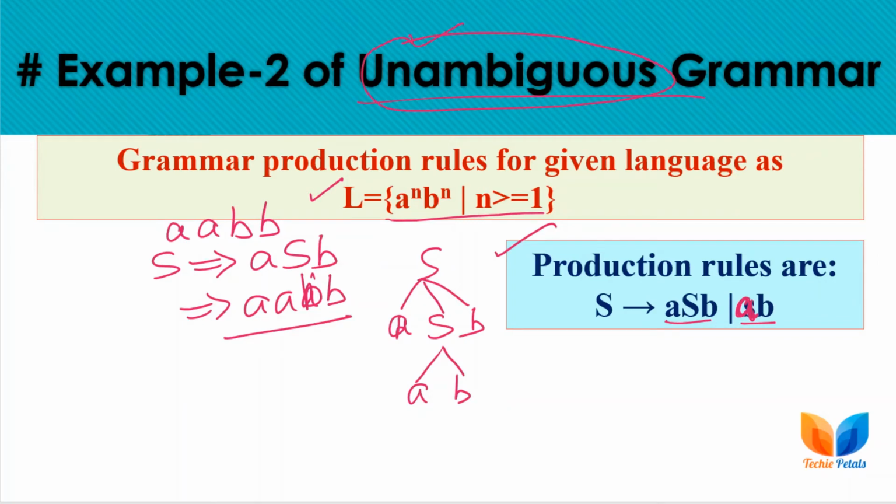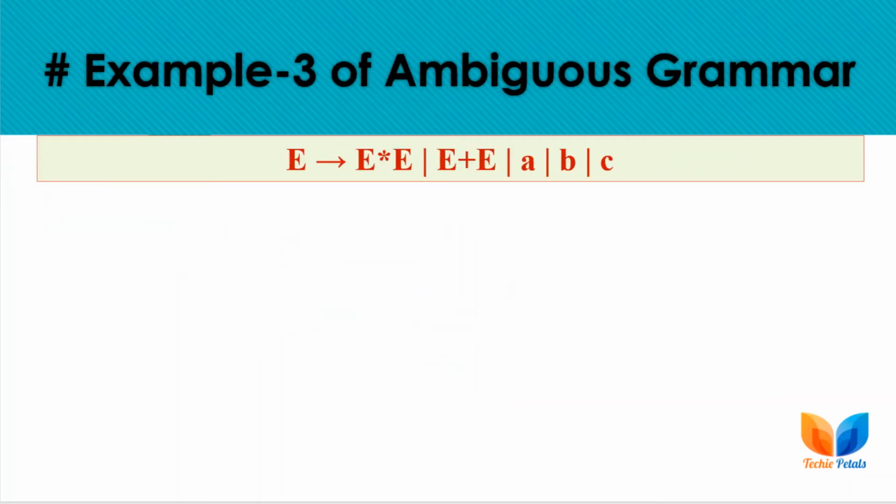Let's check another example. For the third example we have the expression grammar. You must be very careful about this expression grammar. For example, from this grammar we have to derive the string a plus b into c. So let's try to derive the string.